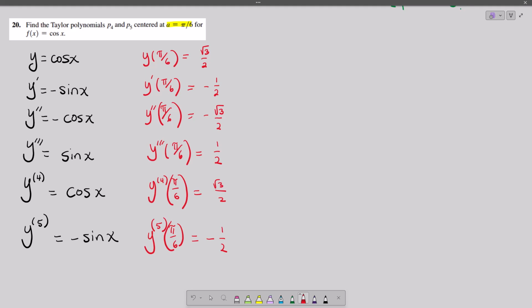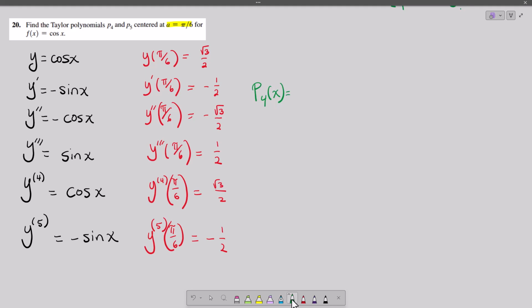We just have to remember that once we get to this second order coefficient, we've got to divide by 2 factorial, and then divide by 3 factorial, and then divide by 4 factorial, and then divide by 5 factorial, ad nauseum. So our p sub 4 is a function, so we can put it of x.